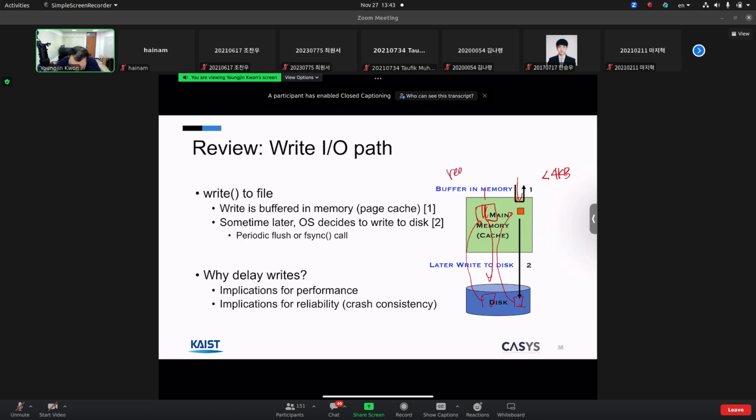You call this read-modify-write. The basic unit for writing data to disk is a 4 kilobyte chunk. If you update less than one block, you have to read it, modify it, and write it back. That was the basic rationale for writes, and for that purpose blocks are cached in the page cache.